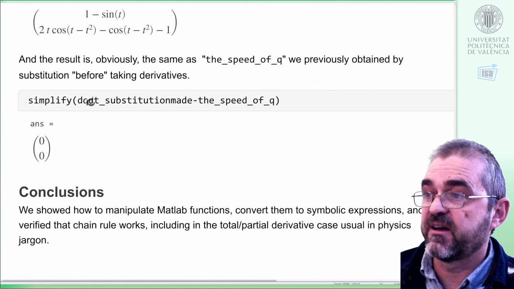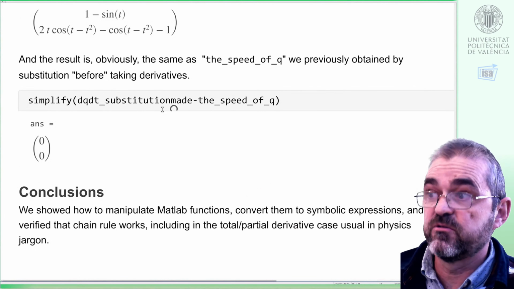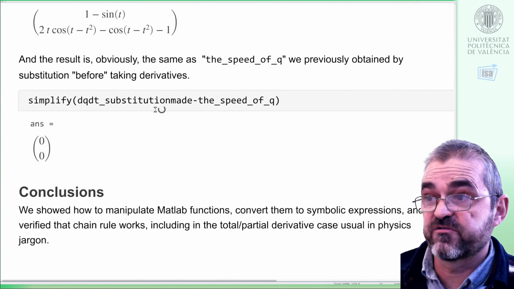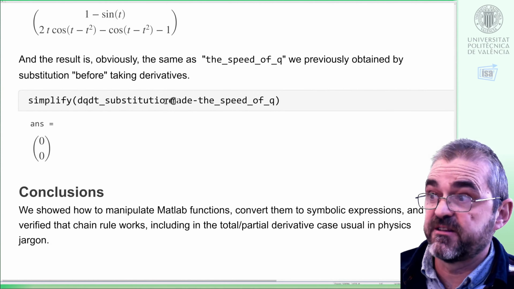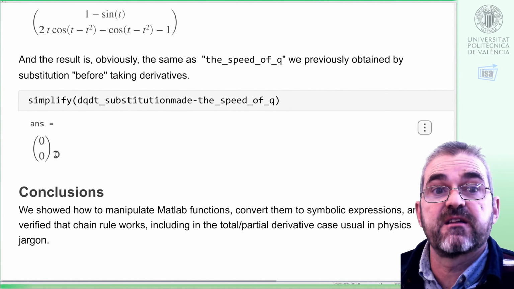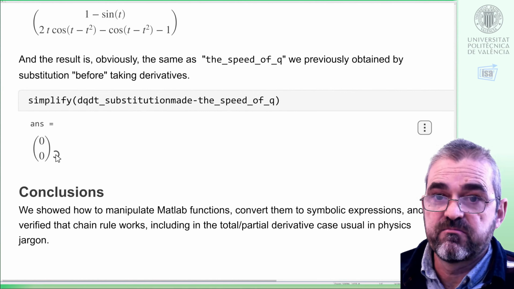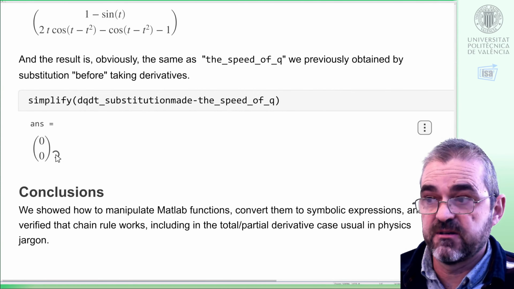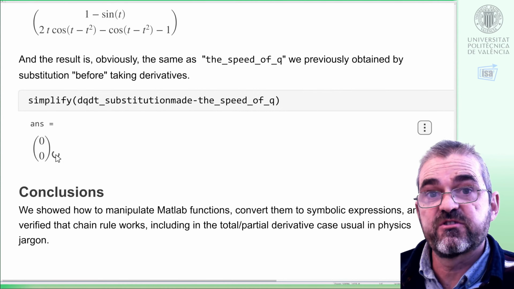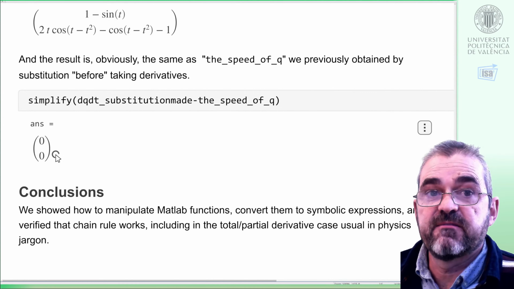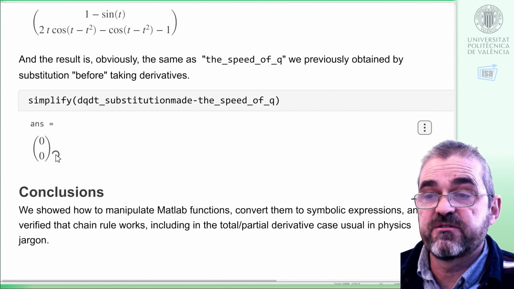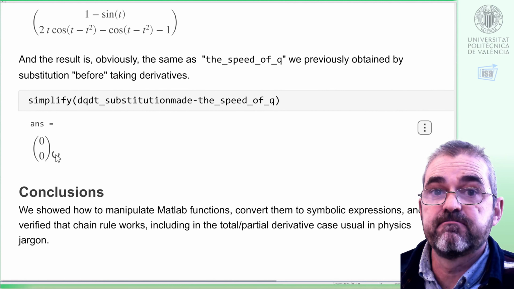Indeed, if I tell the symbolic toolbox to compare those expressions for me, it tells me that the difference is 0. They are exactly the same. So we will conclude the video here. In this video, we have shown how to generate symbolic expressions from numerical functions.